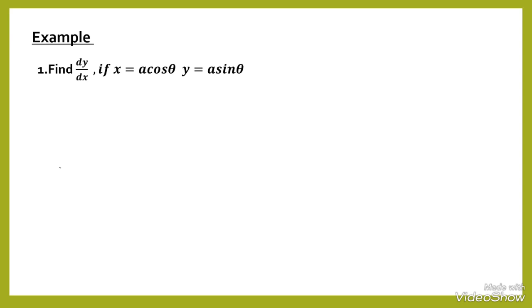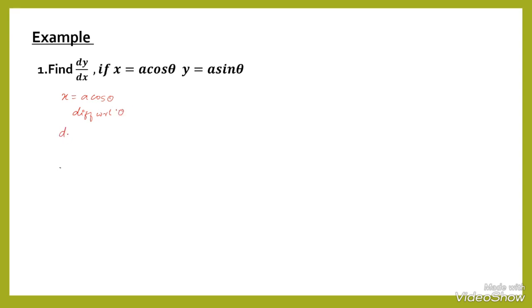Let's move on to the example. When we solve the example, we will know the complete concept. First, find dy by dx if x is equal to a cos theta and y is equal to a sin theta. First we take x is equal to a cos theta and differentiate with respect to theta.